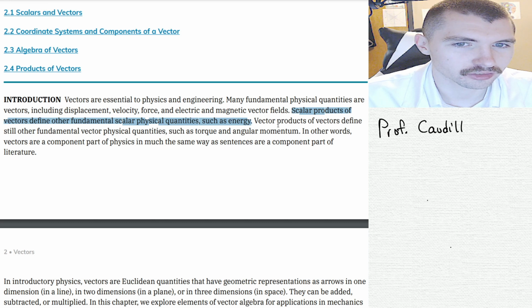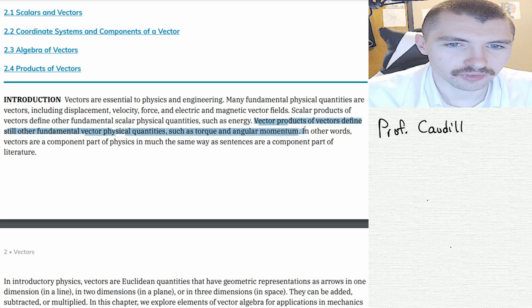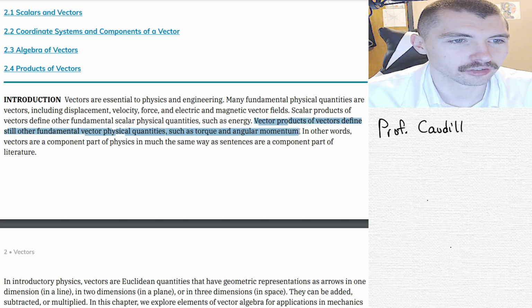So vectors, scalar products of vectors can be energy. Vector products of vectors define still other vector physical quantities such as torque.